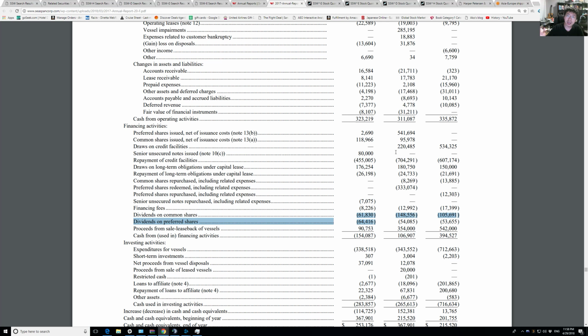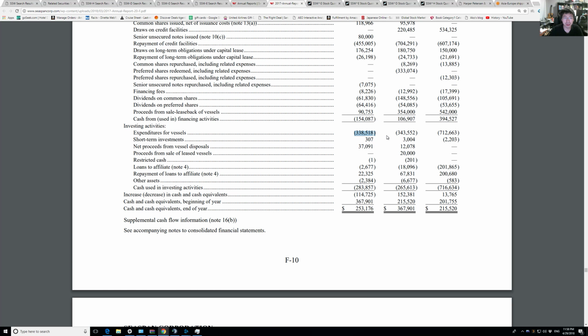if the financing cost, essentially the common dividend, preferred dividend, and interest added up, is getting very close to this line, then you're in trouble. This will get cut first, and then this is the next on the chopping block.